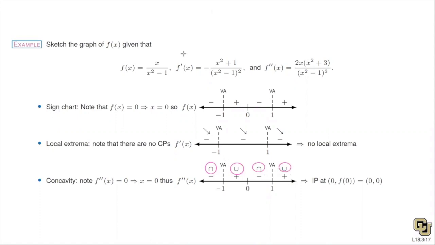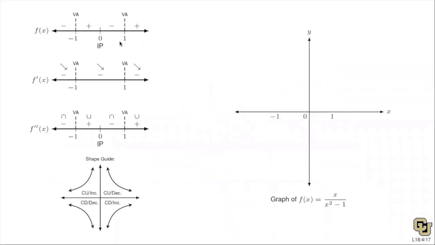And here we can see specifically around 0, the concavity is changing from concave up to concave down. So at 0, we have an inflection point. The vertical asymptote is a vertical asymptote. Even though the concavity changes around the vertical asymptote, it's not an inflection point, right? It's an asymptote.